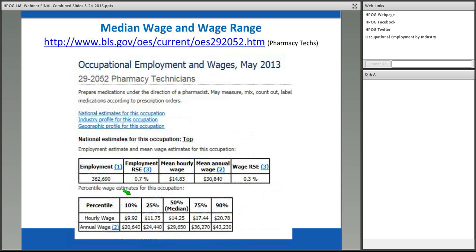So in this case, I selected an example of pharmacy technicians, and you can see that the mean wage and the median wage and the wage range are all there right at the very top of the OES report, just as Josh has shown you.